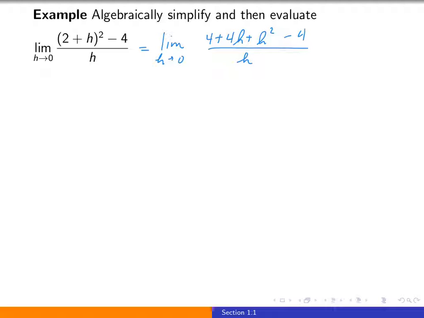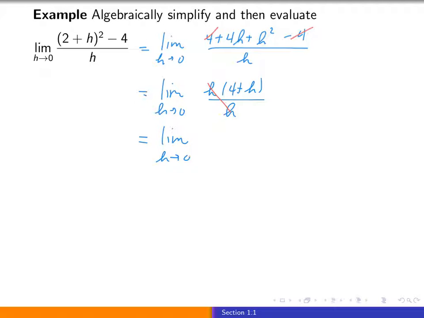So right away we see things are going to work out very nicely. 4 minus 4 cancels. What we are left with in the numerator are two terms that involve an h, so we can go ahead and just pull those out. So the limit as h approaches 0 of h times 4 plus h divided by h. Cancel off the h's that are in common, and now we're left with something which is much more familiar.